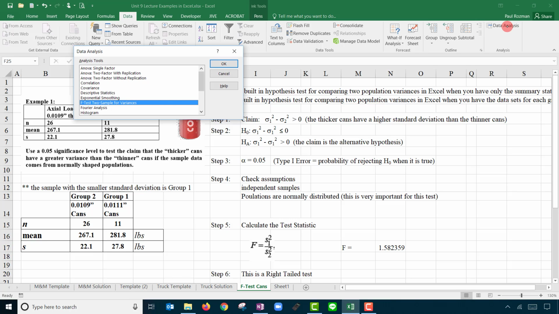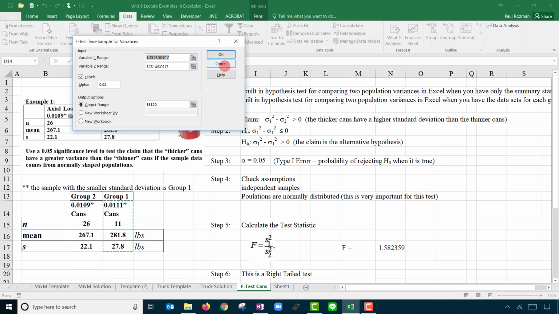Under data analysis, there's something called f-test two-sample for variances, but it requires that you have the raw data. You have to have a range of values, and you can't. I tried it, but these are not ranges of values. These are summary stats. But you can see it's similar to the inputs that we had for the two-sample t-test for means. Again, you need the data.